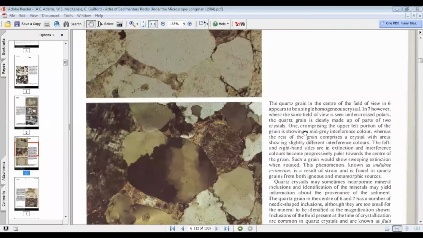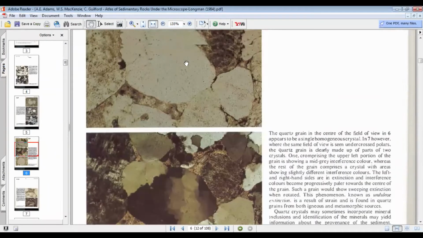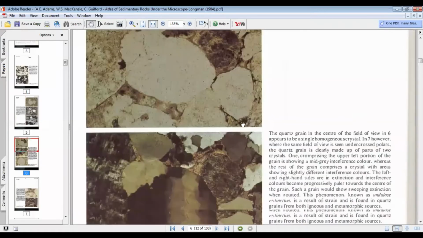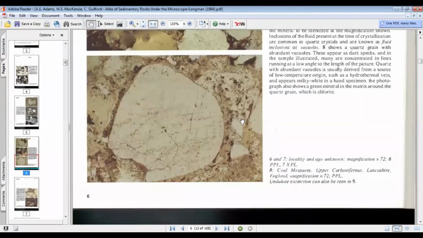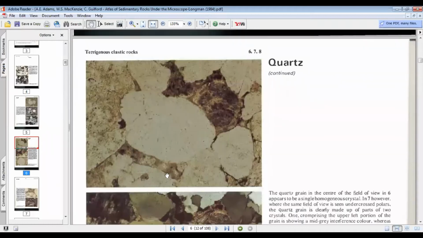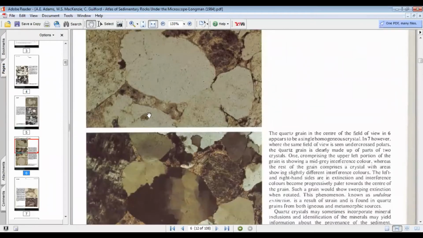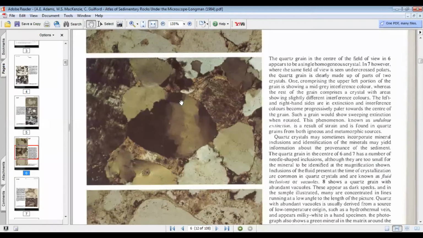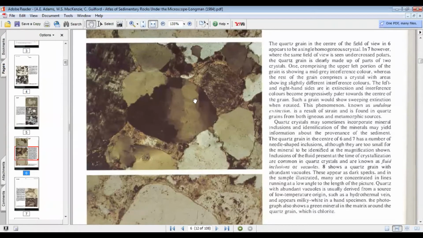And you can see that the quartz grain in the EPL seems to be colorless, and it doesn't have any internal structure that can help you to identify the mineral. However, in the cross polarized, you can clearly see that the quartz grains have a number of patches, and this is called the extinction, and it is a special type of extinction in which half of the mineral is extinct and half of the mineral is still present in its present form.